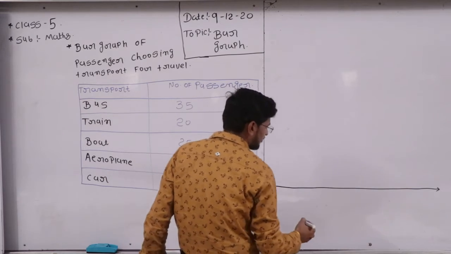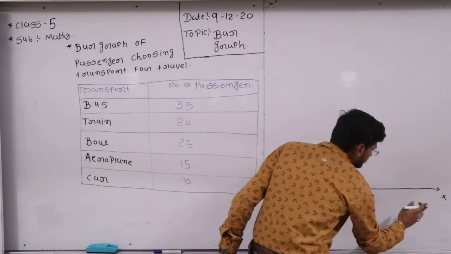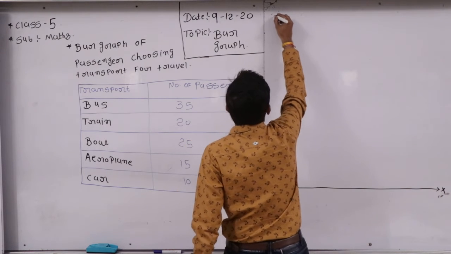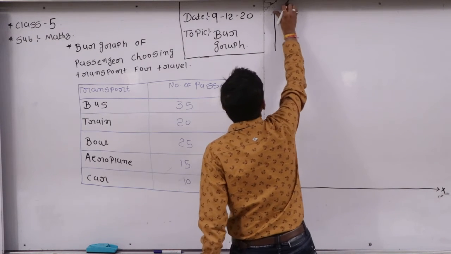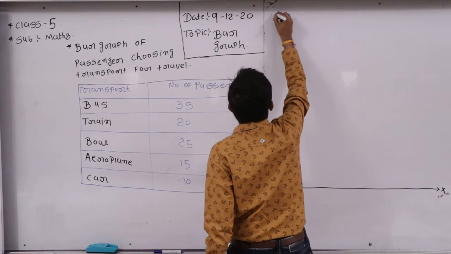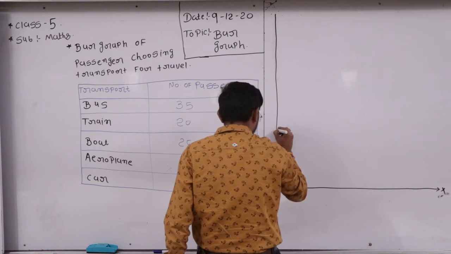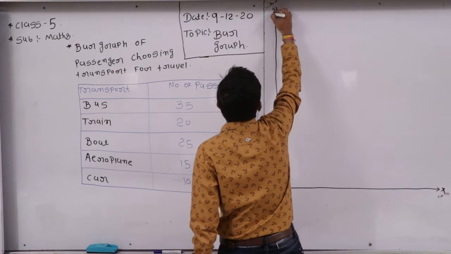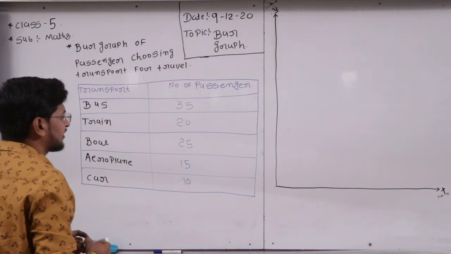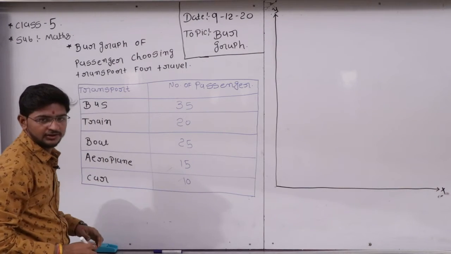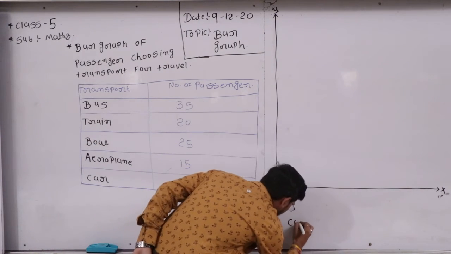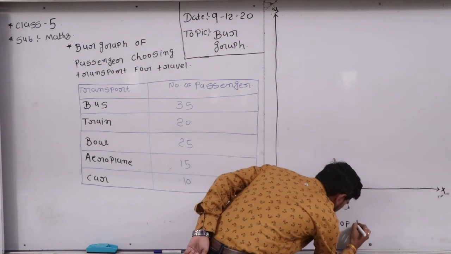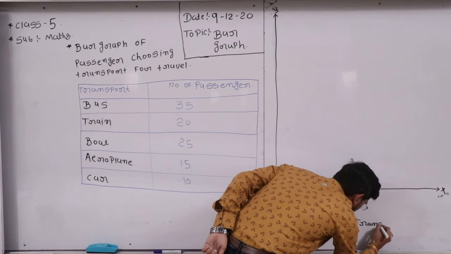It is our x-axis. Write down here x, and it is our y-axis. What do we take on the x-axis? We take categories of transport. So write down here categories of transport.